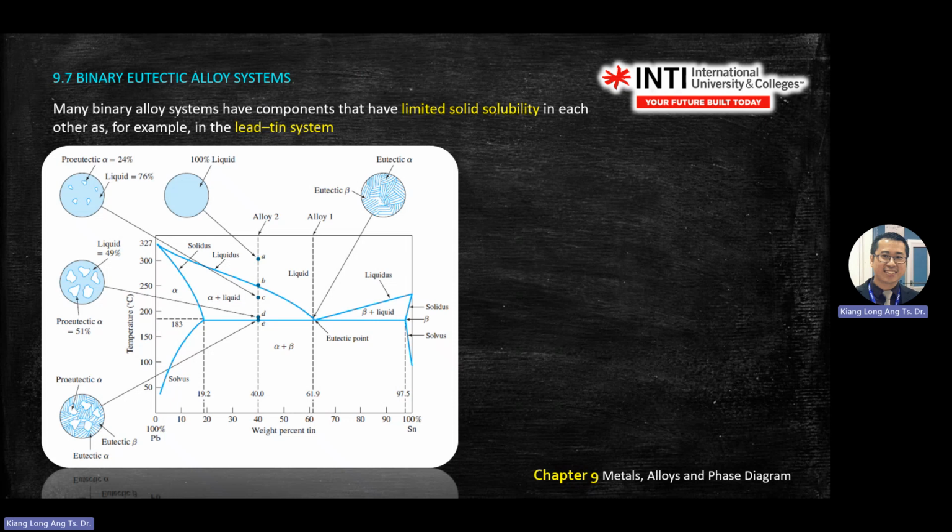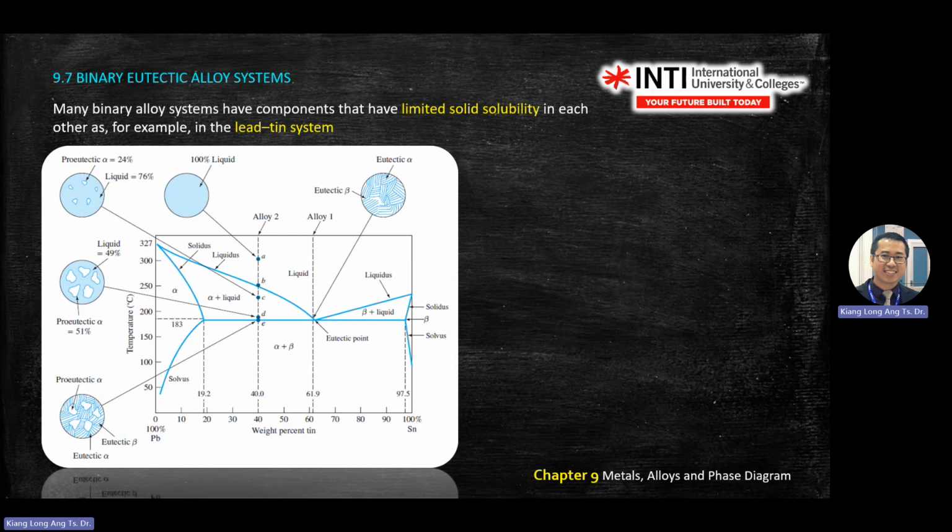This is a triple point. This triple point has alpha, alpha plus liquid, alpha plus beta. This one also, this one has 1, 2, 3, 4. This one is more than 4. Okay, this one is a triple point. This one is beta, liquid, beta, and solid.